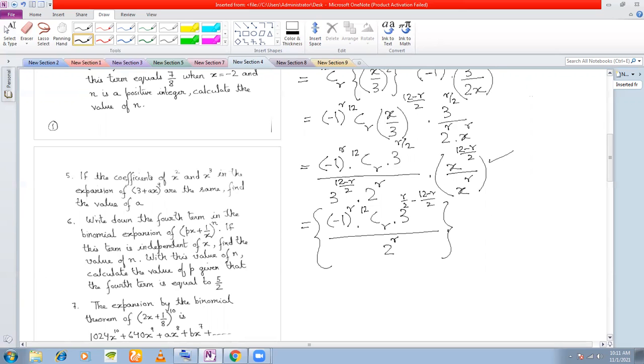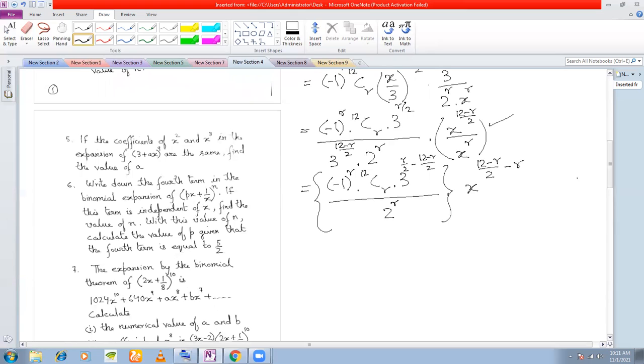Okay, so this is x to the power of 12 minus r by 2 minus r, which is equal to minus 1 to the power of r into 12cr into 3 to the power of, if you take the LCM here, r minus 12 plus r. So this becomes 2r minus 12 by 2 divided by 2 to the power of r into x to the power of, this will become 12 minus 3r by 2 if you take the LCM.